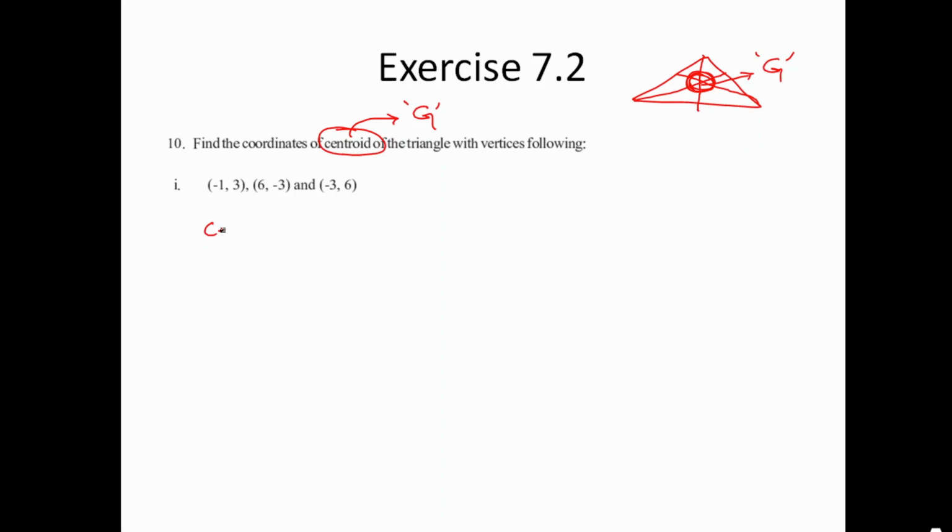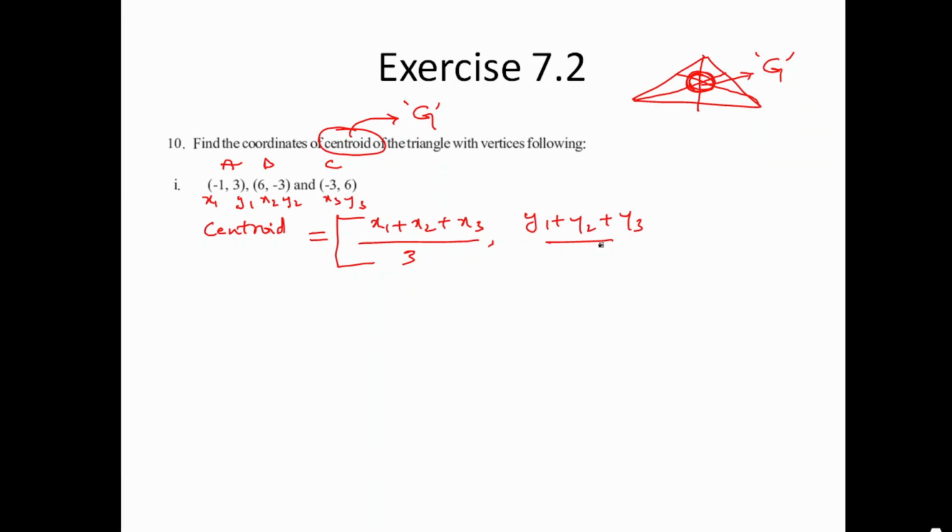Here you need to find the centroid of the triangle ABC. Let me take the vertices as x1, y1, x2, y2, x3, and y3. Centroid is given as x1 plus x2 plus x3 by 3, similarly y1 plus y2 plus y3 by 3.